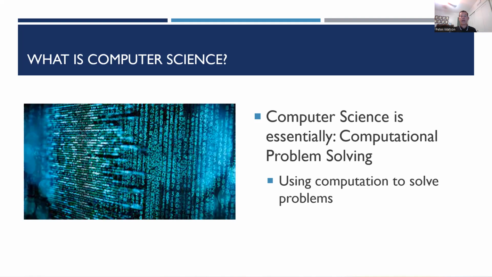So for instance, if I add 5 plus 3, a computer will always come up with the answer 8. Always. And if I add the same numbers together a million times, I will get the same answer a million times.